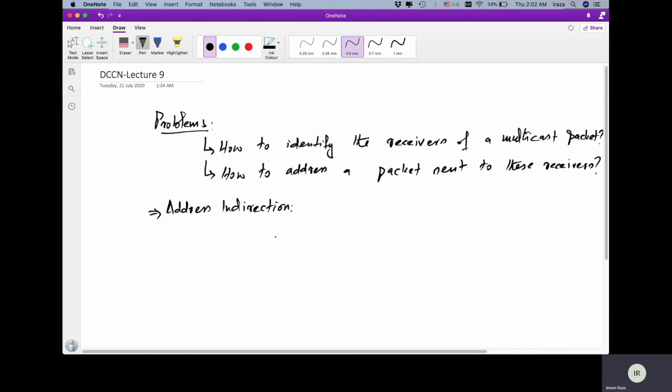Address indirection means that a multicast packet is addressed using address indirection.